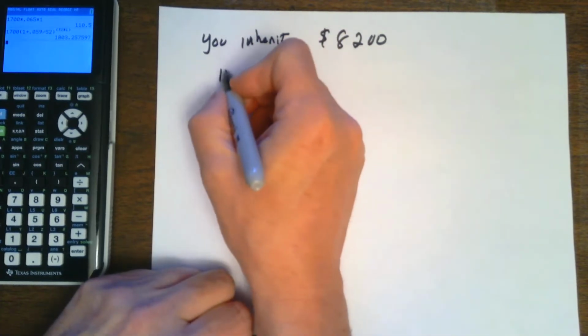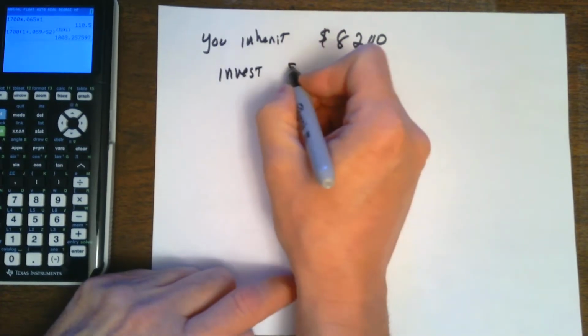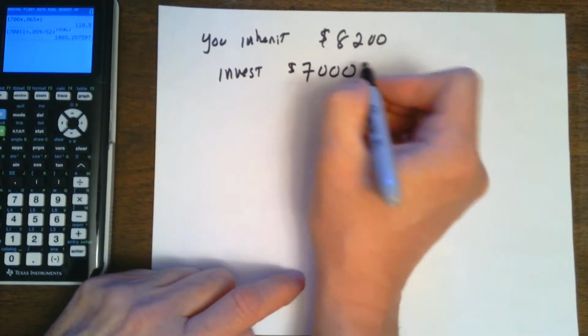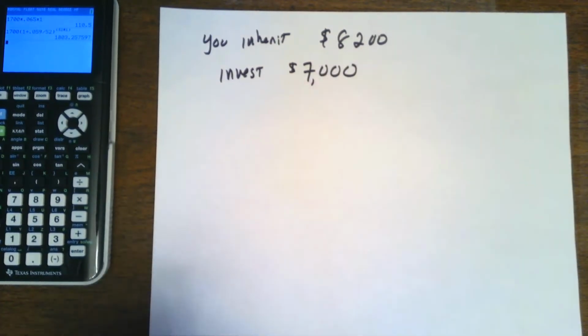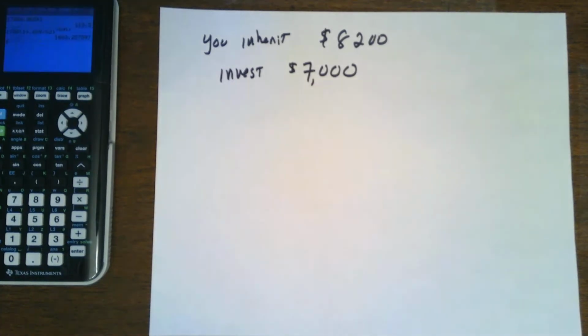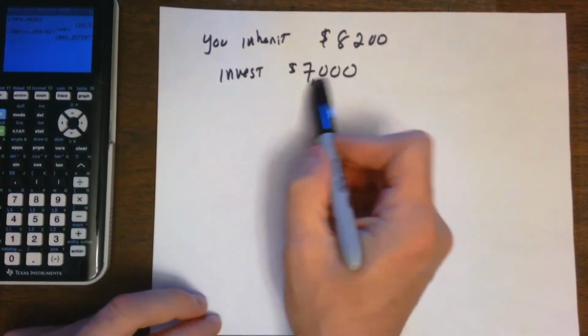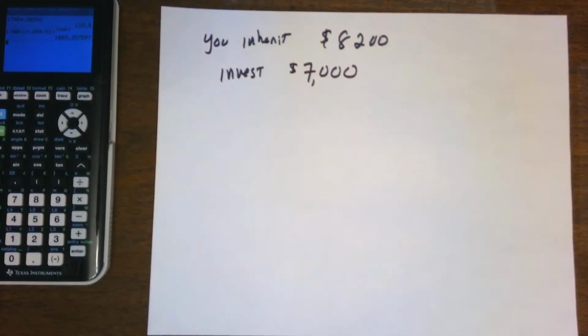So you want to invest the other $7,000. You take the $1,200 off the top, have a party, pay off some bills, buy something nice, all that kind of fun stuff. Uncle would have wanted that. But then you're going to take the other $7,000 and you're going to invest it.